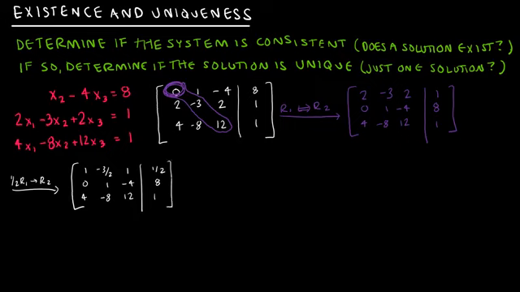So I have a 1 where I want it, but I want this to be a 0, because once I have a 1, I want everything below it to be a 0. So I'm going to take negative 4 times row 1, because I needed negative 4 to cancel out my positive 4, plus row 3 to be my new row 3. Row 1 remains the same.